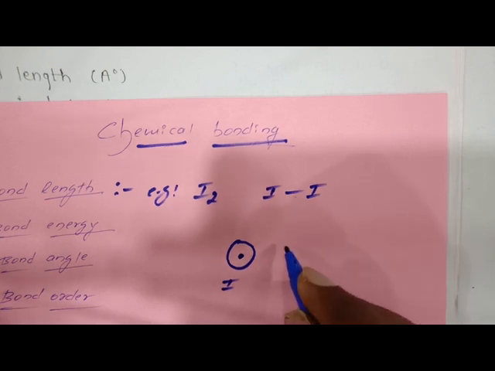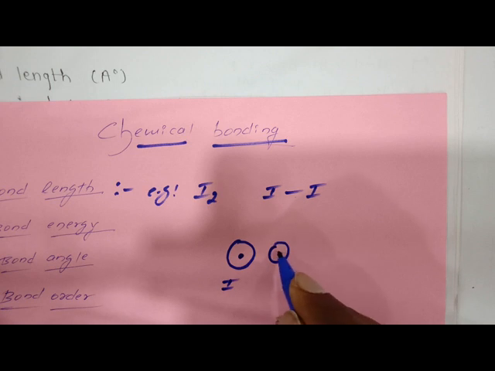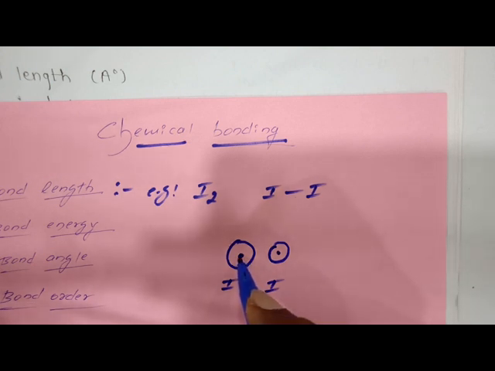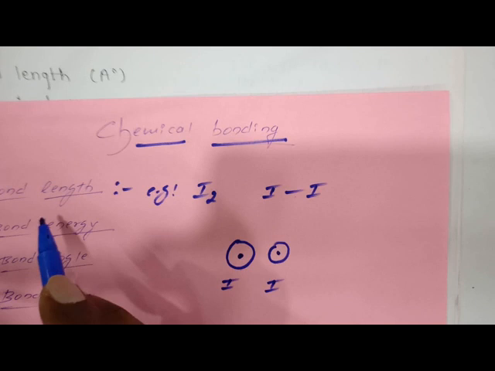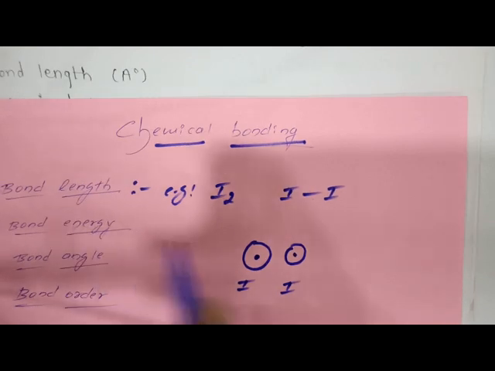Similarly, we can write another iodine atomic structure. This is the nucleus of this atom, and this is the nucleus of the other atom. So what is the definition of bond length? It is the average distance between the nuclei of the two bonded atoms.